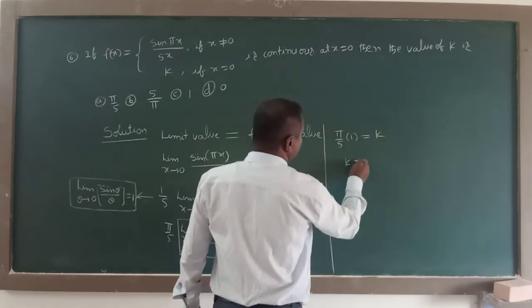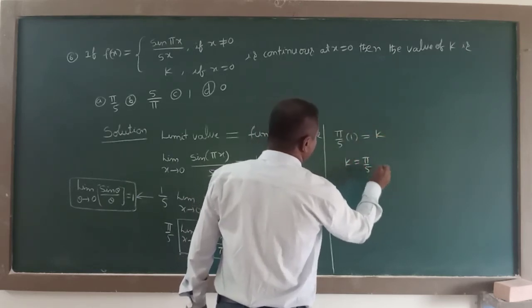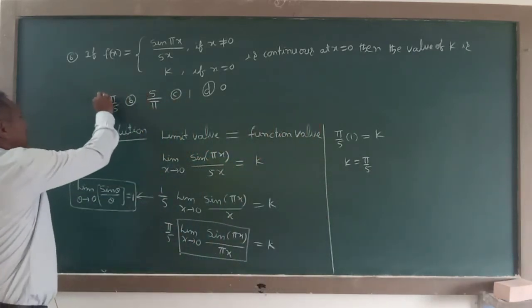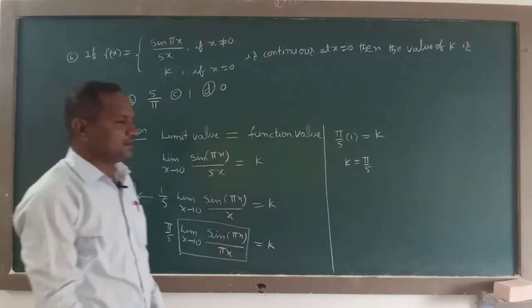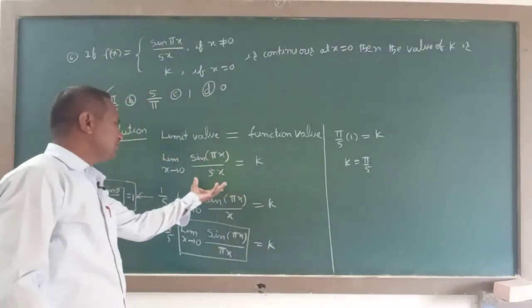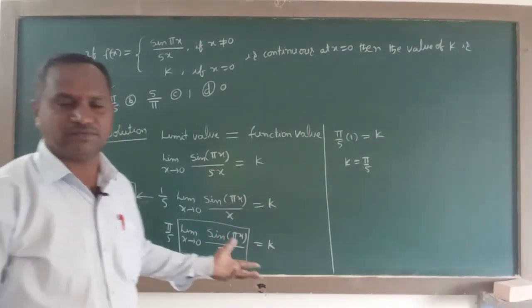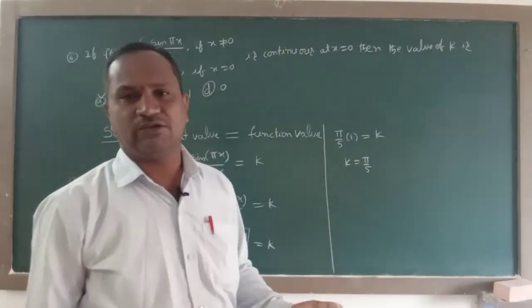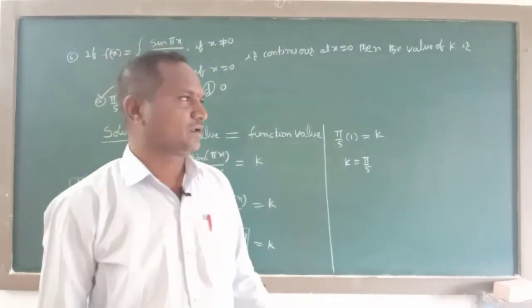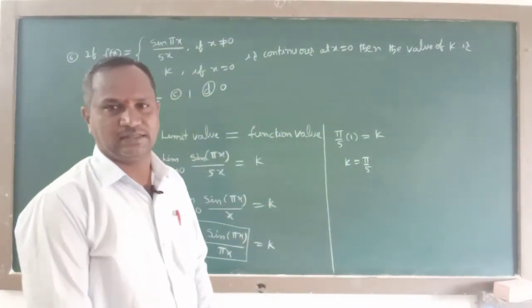Therefore we can write k value is equal to pi by 5. Pi by 5 is allotted to which option? First option. Therefore, first option is the correct answer for this question. Like that here, I have taken limit value is equal to function value. At the same time, I have applied the formula of standard limits. Now let us solve another question.